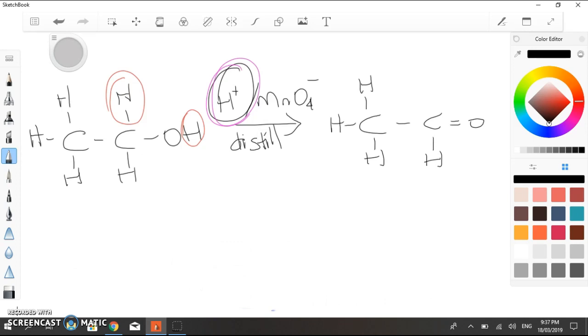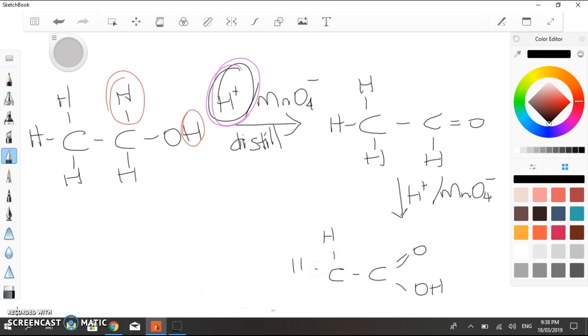We can then also use more acidified permanganate or dichromate, and that will form our carboxylic acid by adding an extra oxygen in there.